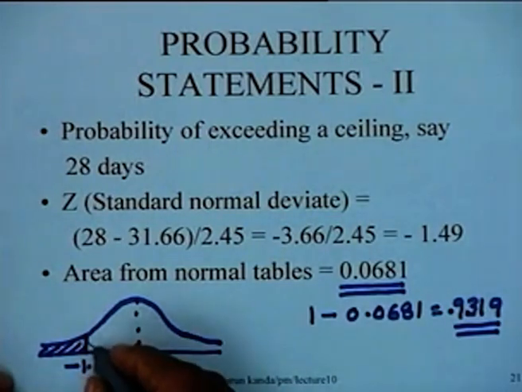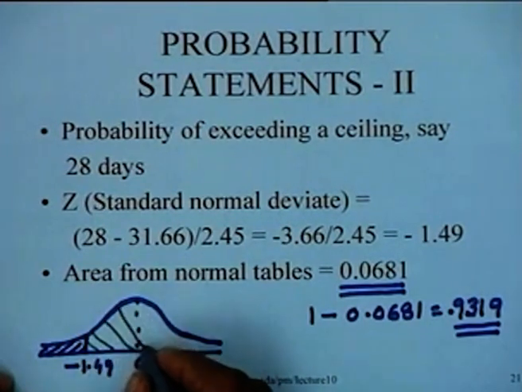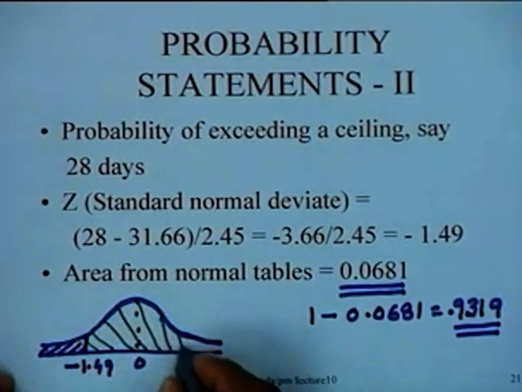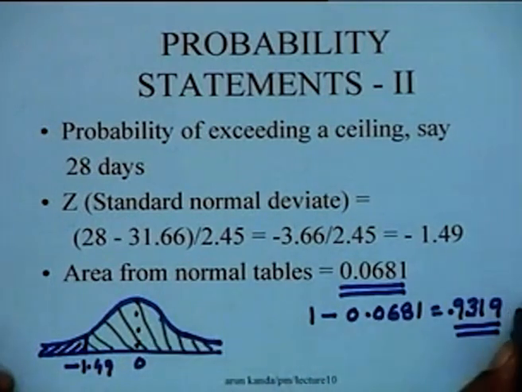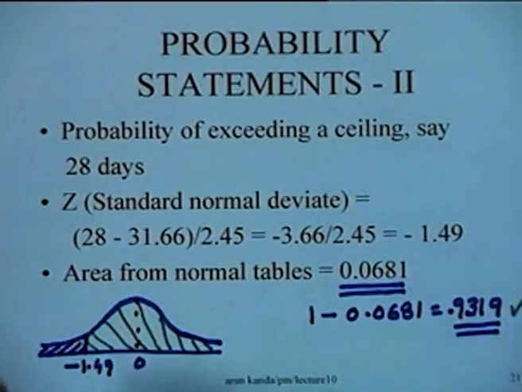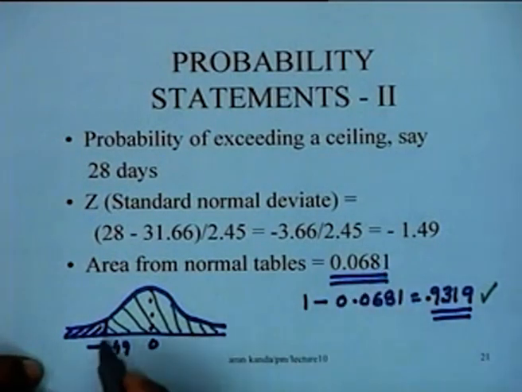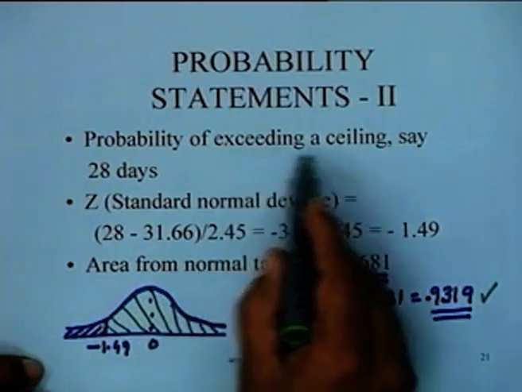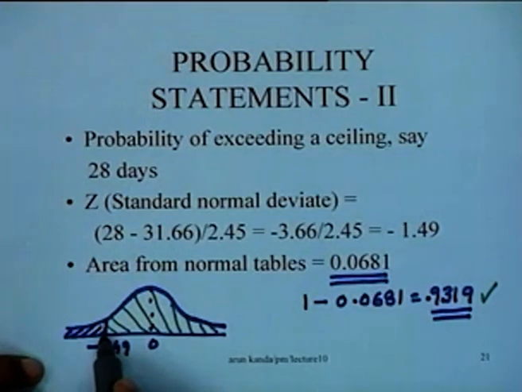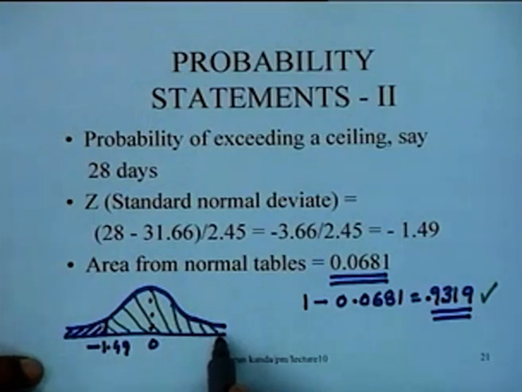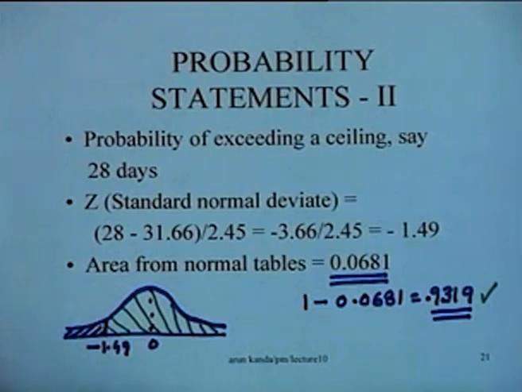That means it is this particular area, shown in green, which is the probability you are interested in computing. The area shown in blue here is 0.0681, but the area shown in green is the probability of exceeding a ceiling. So the probability that the project will take more than 28 days is 93.19%. Depending upon the interpretation, you have to suitably interpret the values that you obtain from the tables.